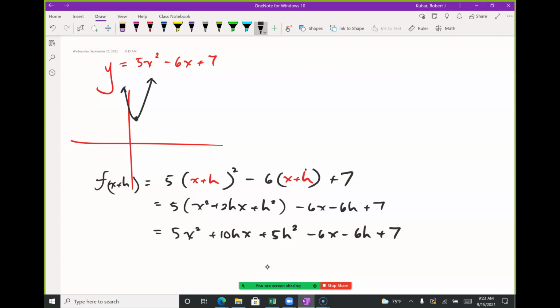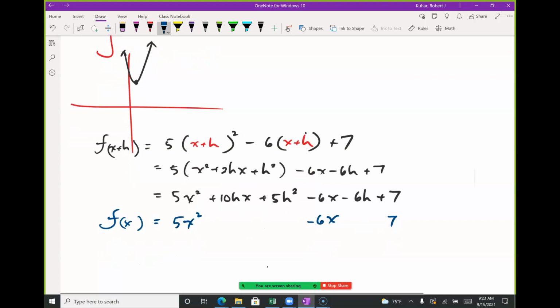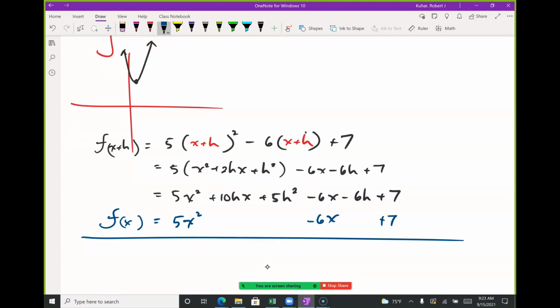When I have a quadratic, a radical, or a rational function, a fraction, I'm going to do the process differently. The second thing I do is write f of x below this strategically, so my 5x squared is under the 5x squared, my 6x is under the 6x, and the 7 is under the 7. Why? Because I'm going to subtract these, and these terms are all going to go away.